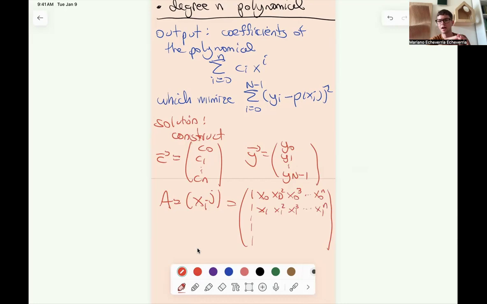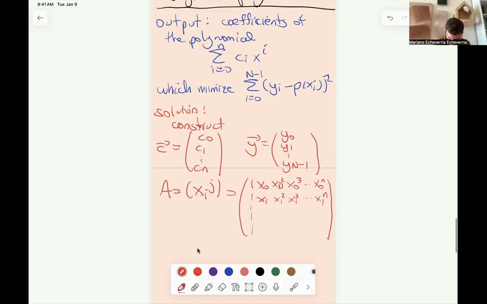So basically on each row, you take all the different powers of each x value until you hit the degree of the polynomial. Then you go up to x2, x2 squared, x2 cubed, up to x2 to the n. And you go like that until you get to the last point, which would be x_{n-1}, x_{n-1} squared, up to x_{n-1} to the n.